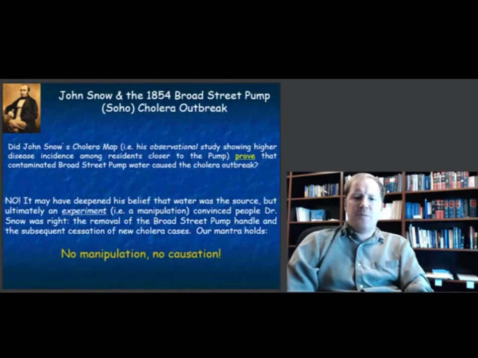My answer to this would be no. Not until he did the experiment. No manipulation, no causation. He did, however, get it right, and observational science often can create a hypothesis that will lead us in the direction of creating an effective experiment to test and therefore create data that are effective and not ineffective data.